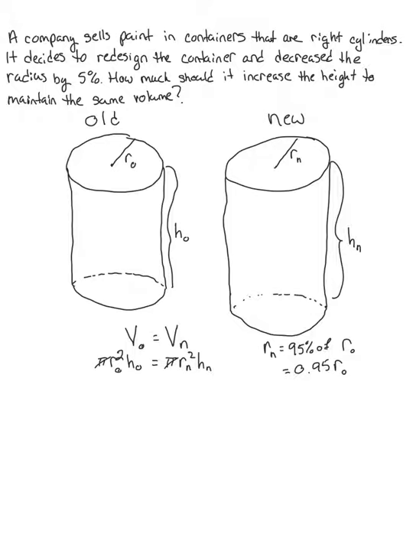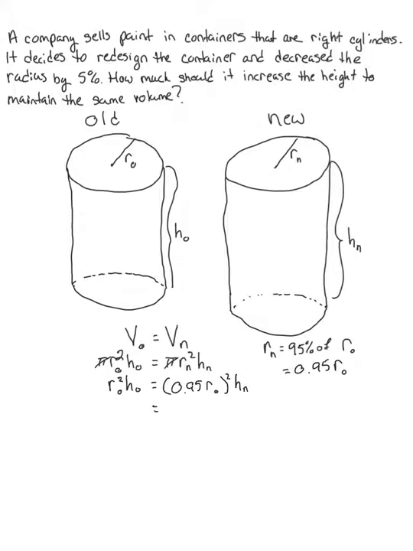So then we can substitute. So we have RO squared HO is equal to, well, we figured out just over here that Rn is going to be equal to that. So we can put that in there and get 0.95 times RO, squared, times the height of the new one.